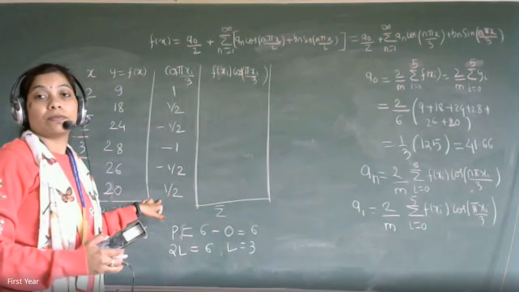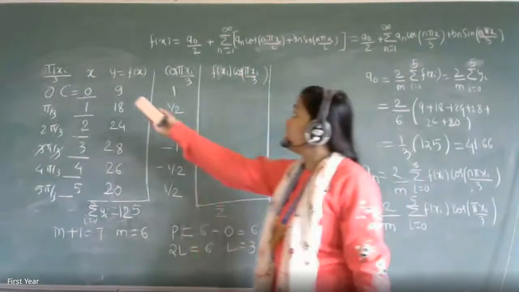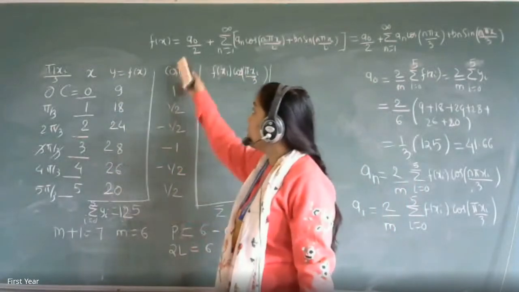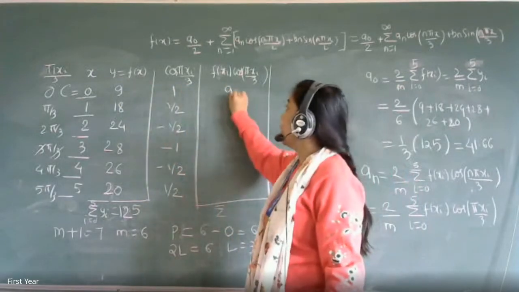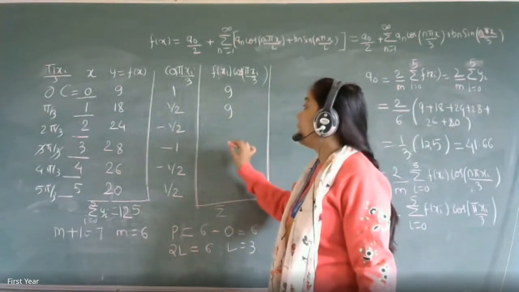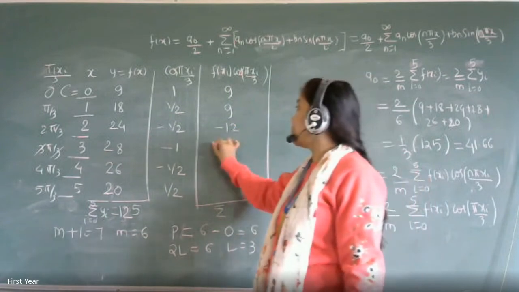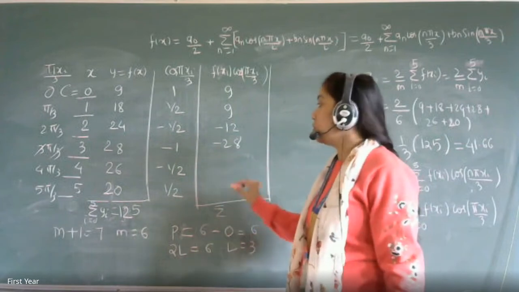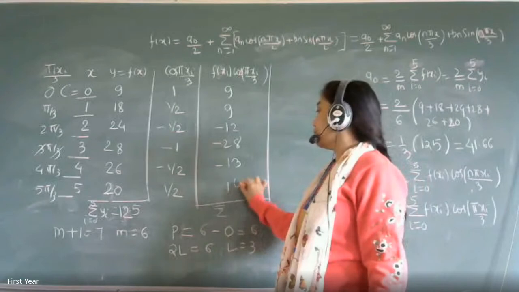Okay? Yes, ma'am. And now what will be f of x i into cos of this? Here, this is your f of x i column, this is your cos column. So multiply it. 9 into 1 is 9, 18 into half is 9, 24 into minus half is minus 12. 28 into minus 1 is minus 28, 26 into minus half is minus 13, and 20 into half is 10.